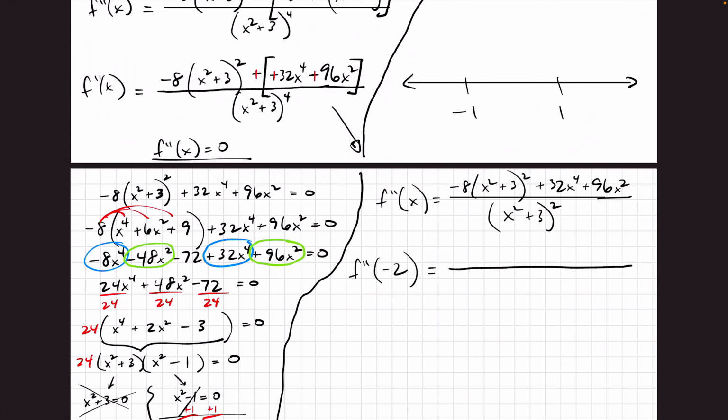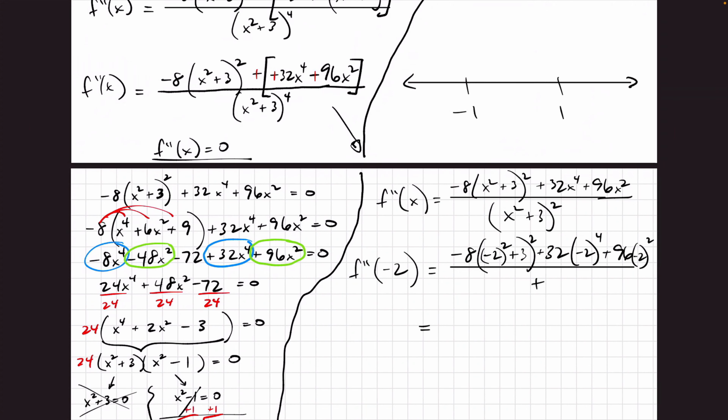So we would have, again, I'm not worried about the bottom because I know I'm going to get a positive number on the bottom. Use the super cool short one. 7 squared, minus 8 times 49, 16 times 32.